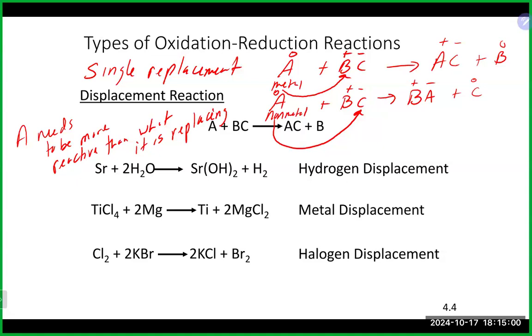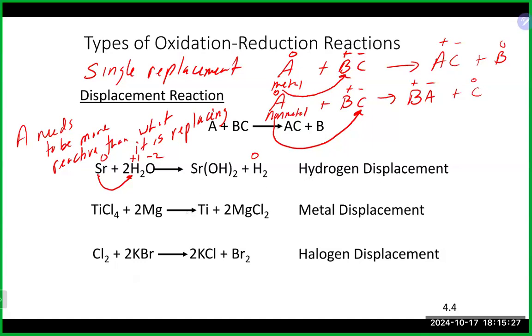So you can, even with these single replacement reactions, get even more specific in the classification. This is what is referred to as a hydrogen displacement because the strontium, no oxidation state, -2, +1, comes in and kicks out the hydrogen. When it does so, hydrogen becomes 0, and that gets kicked out and a new ionic compound is forming here.